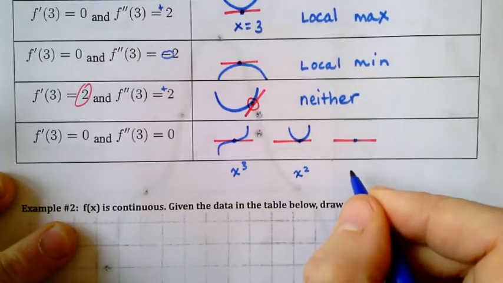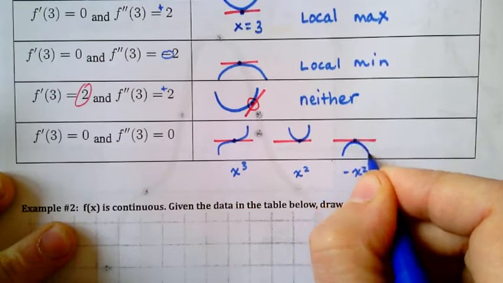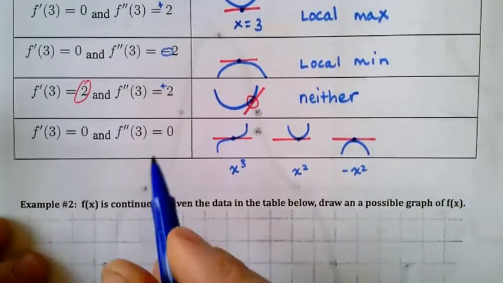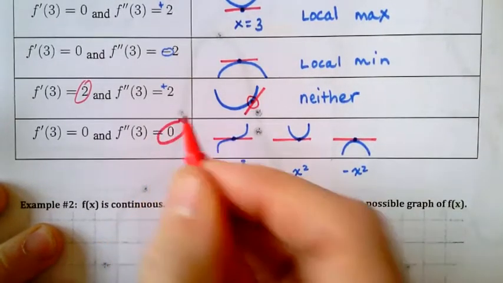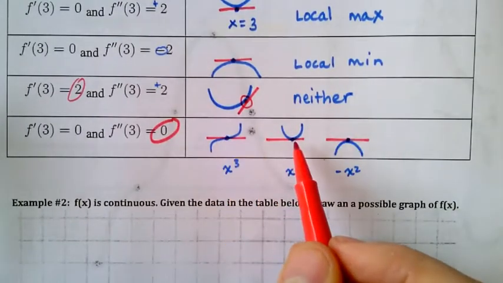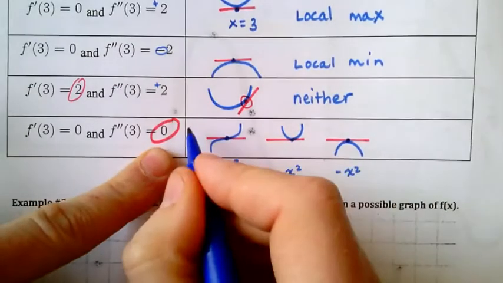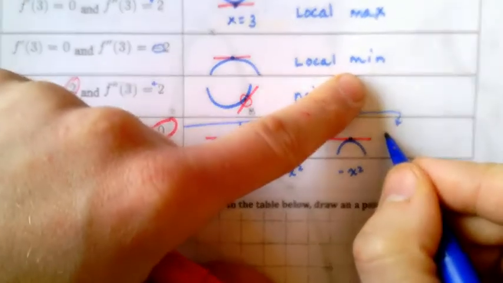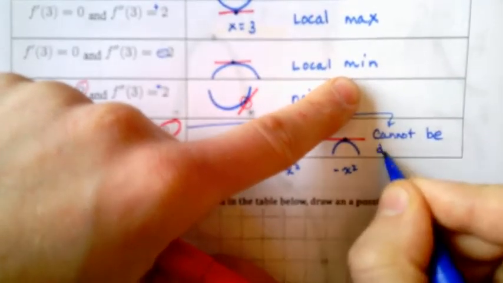And if it was something like negative x squared, it would look like this, a maximum. The point is that if the second derivative is 0, the answer is not simply neither. It might be neither, it might be a min, or it might be a max. So in this situation, the extreme value cannot be determined.